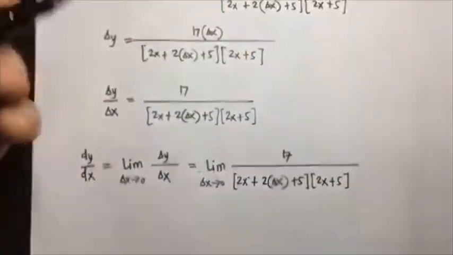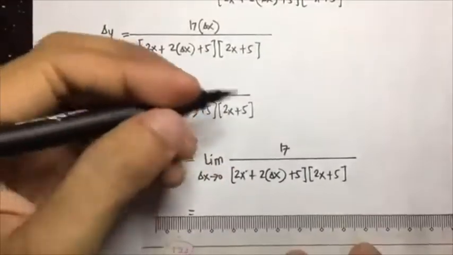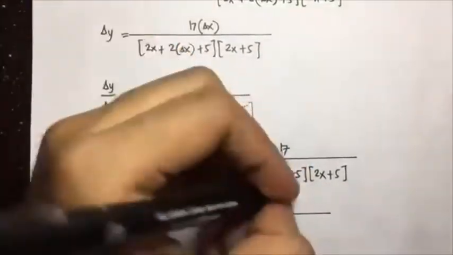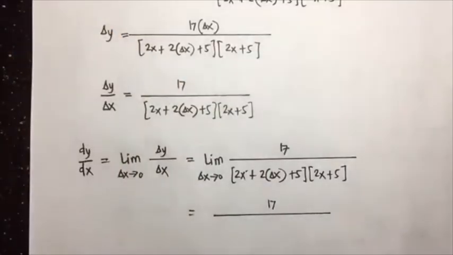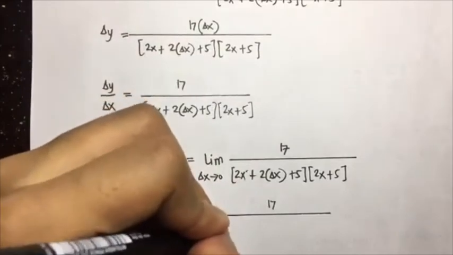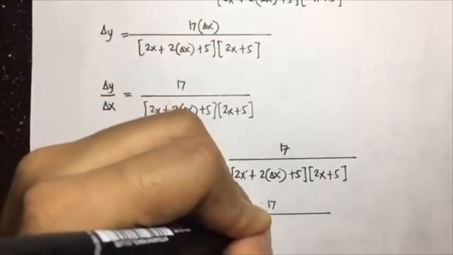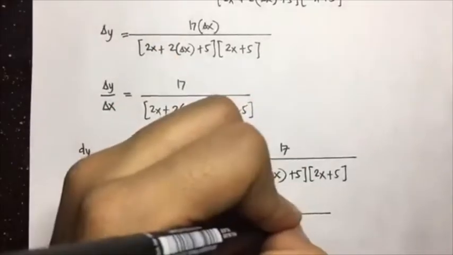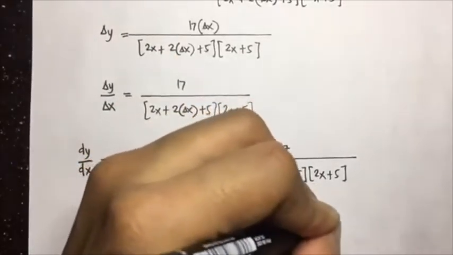Okay, so substituting, we will have 17 over (2x plus 2 times 0 plus 5) times (2x plus 5).